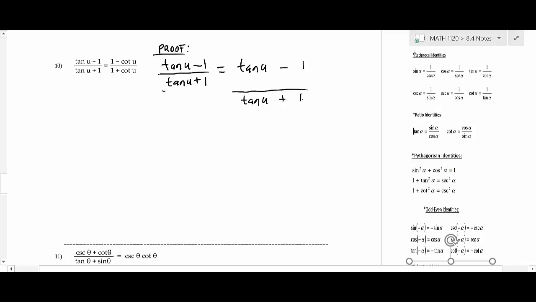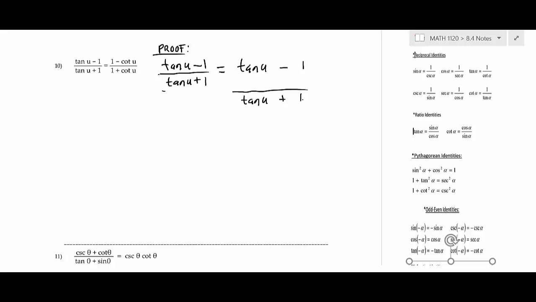Okay? Now this is a hard one to see too, but once you see it, the proof is 2 steps and you're done. What would happen if I divided that by a tangent? What's tangent divided by tangent? 1. Okay? What if I divided that also by a tangent? What's 1 over tangent? Cotangent. My God, it's there.